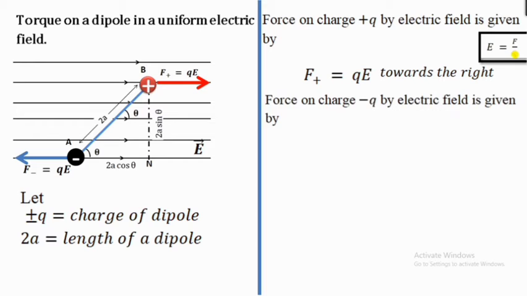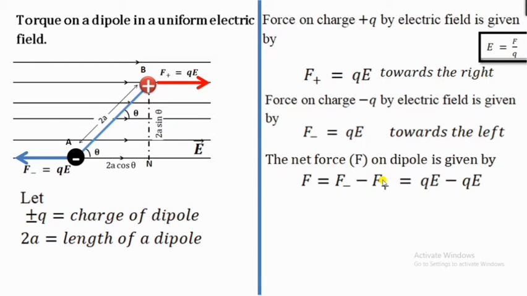Similarly the force on negative charge will be given by F minus is equal to QE, and this is towards the left, and I'm not using minus Q here because I am interested in finding the magnitude, not the direction. Now the net force on the dipole will be the difference of two forces because they are acting in opposite directions, so plus QE minus QE, that will be 0.